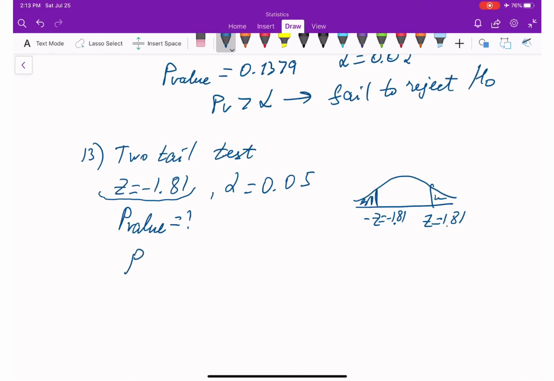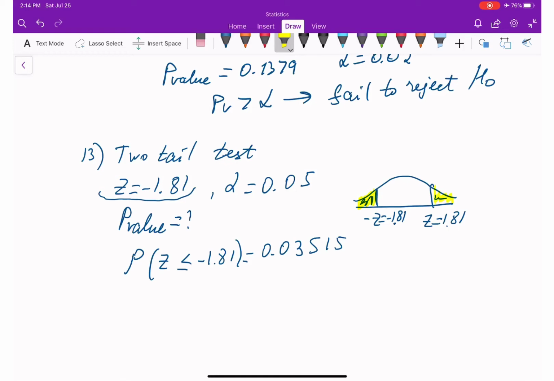So the probability for z critical less than or equal to negative 1.81 is equal to 0.03515. Okay. Because this is for one tail, we got this tail here. The same thing is going to be our right tail also, right?